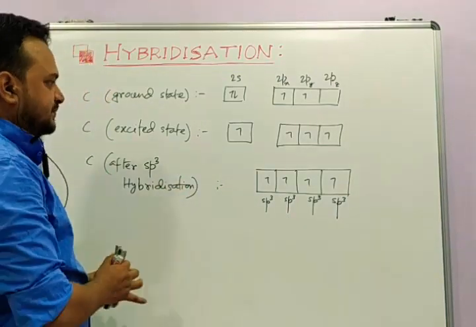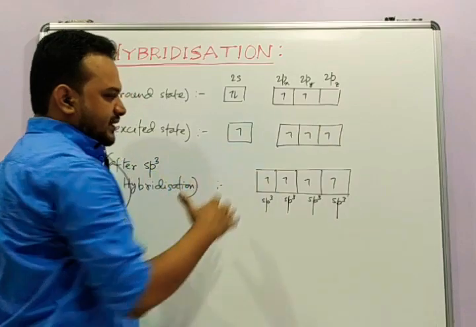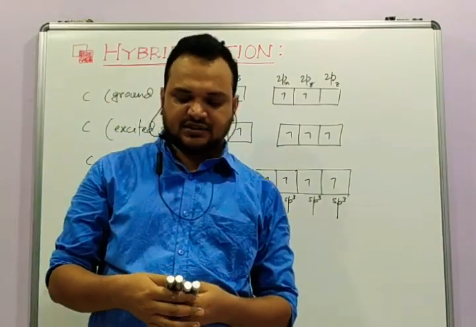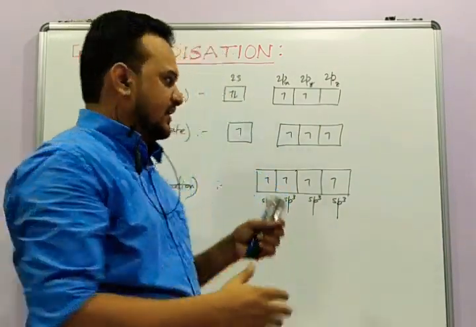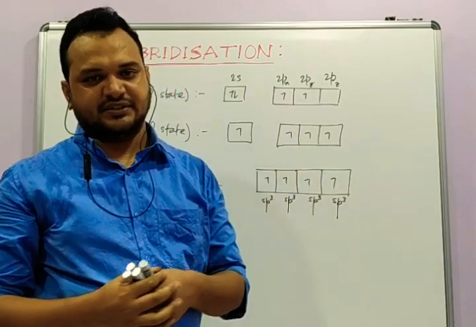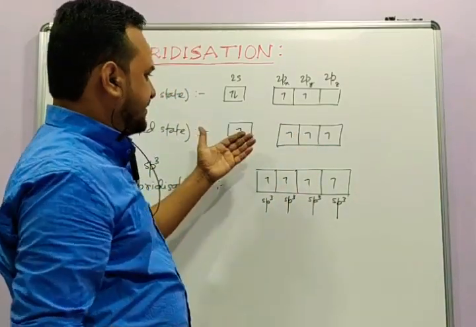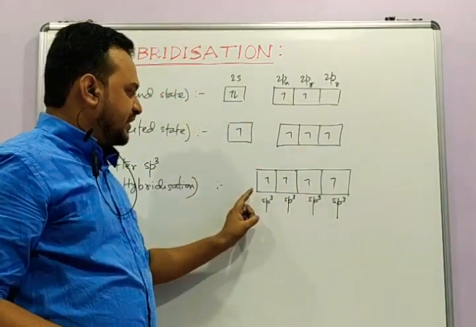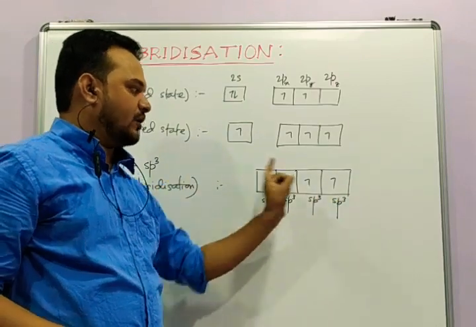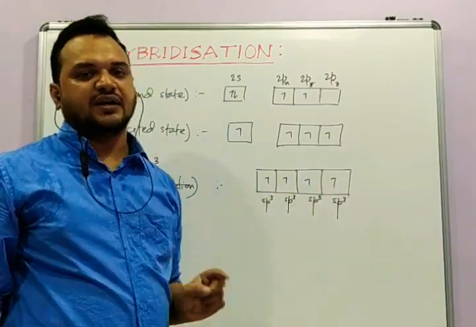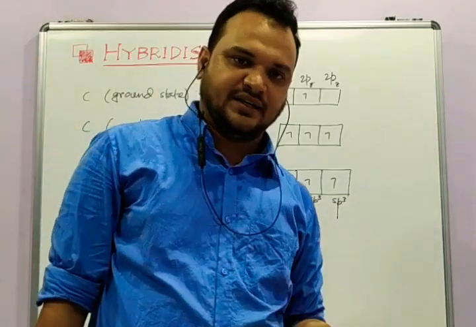Now what happens? These 4 orbitals are mixed. Just like we mix substances, these 4 orbitals are mixed. After mixing, it is producing 4 hybrid orbitals which are energetically equivalent.